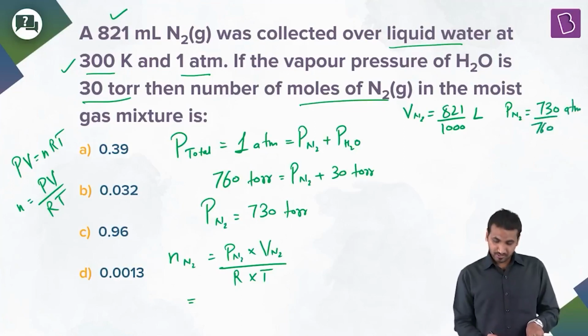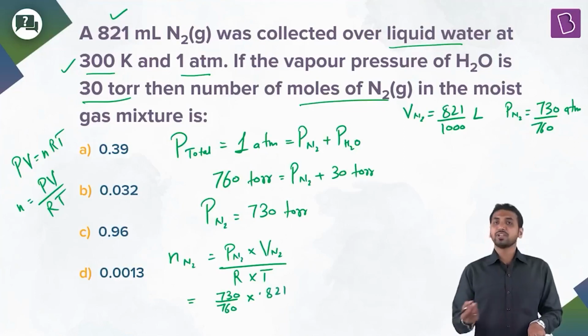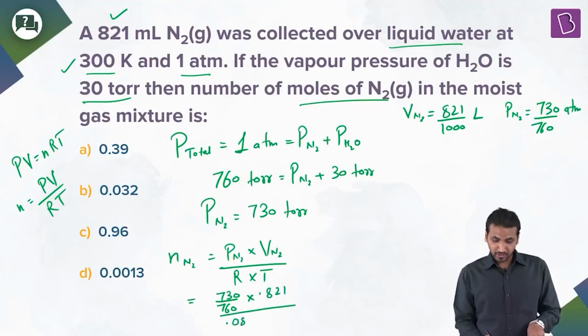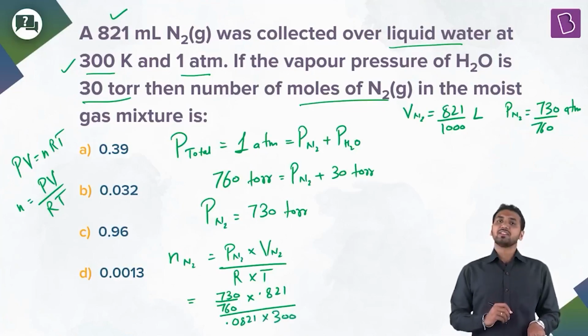Let me put these values. 730 by 760 into 821 divided by 1000, divided by the value of R, 0.0821. Some simple cancellation will be done, and temperature is given as 300 Kelvin, right?